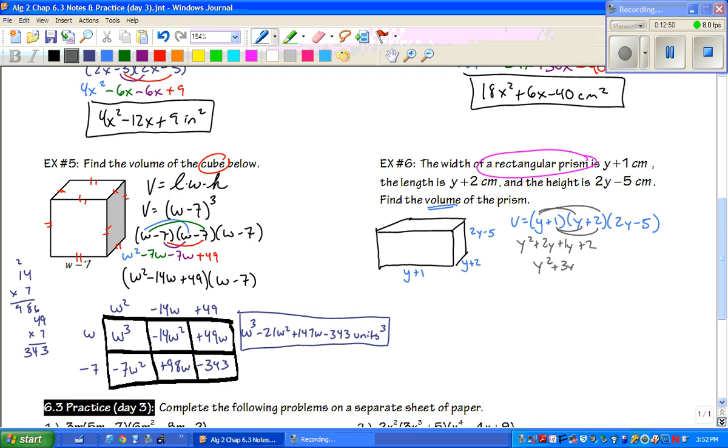Combine your like terms. And then I'm just going to bring the 2y minus 5 down. Now, I want you guys to see if you can FOIL the rest of it. You can use box method or FOIL, however you want to do it. But pause the video, and good luck.